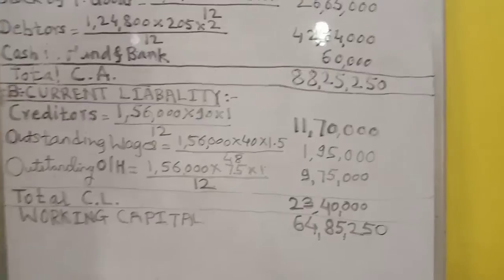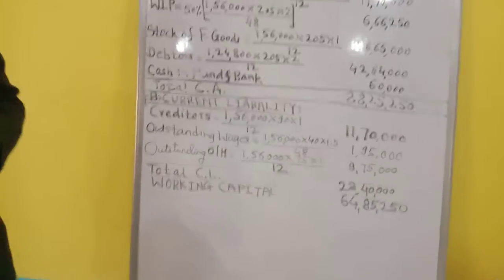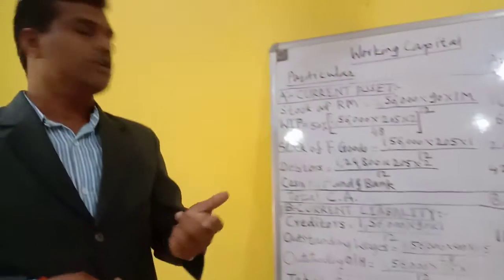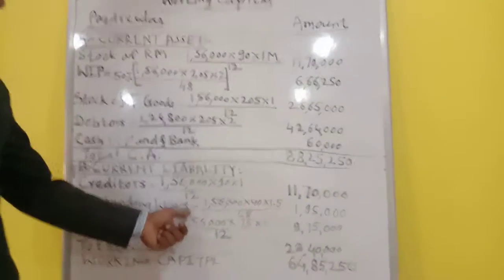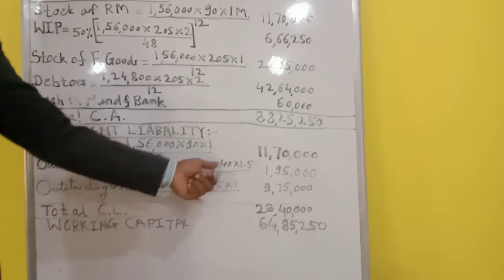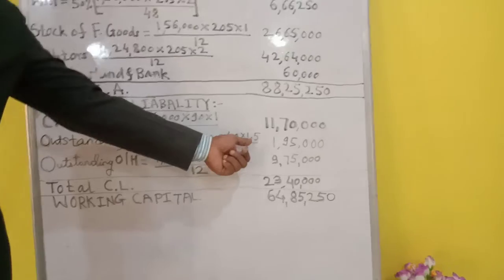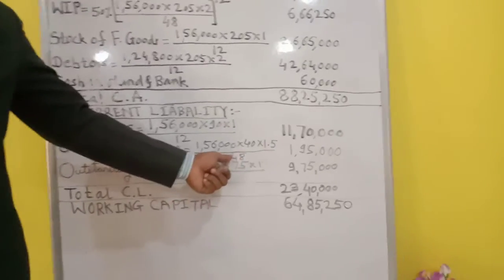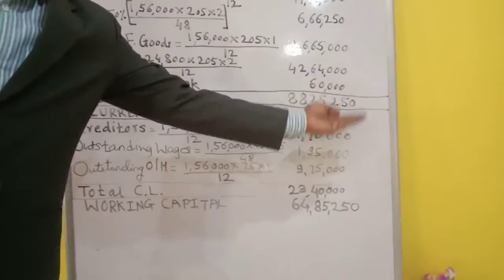Then the second element is point number 6. It was lag in payment of wages by 1.5 weeks. So outstanding wages. The calculation is 1,56,000 multiplied by labor cost, that is rupees 40, multiplied by 1.5 weeks divided by 48. So the calculation goes as 1,95,000 rupees.